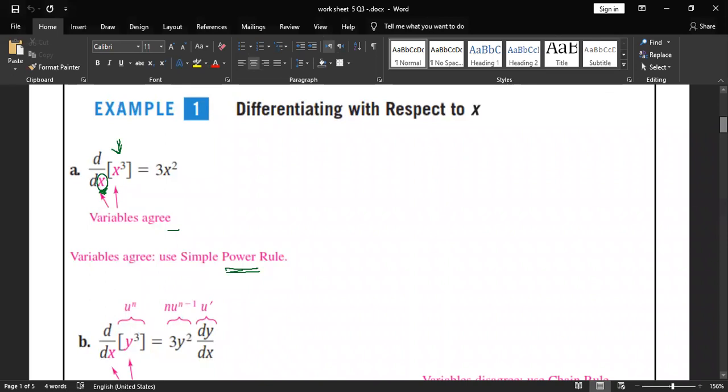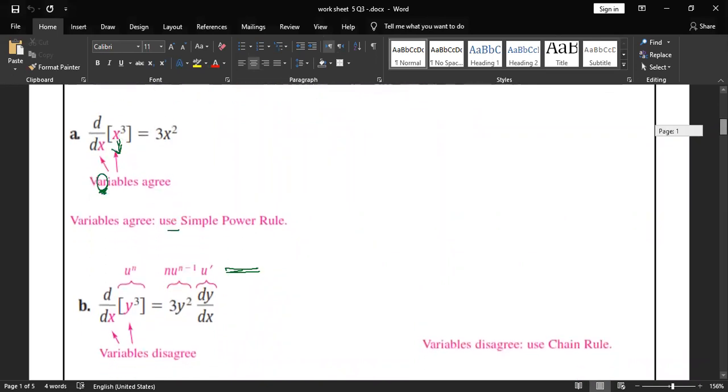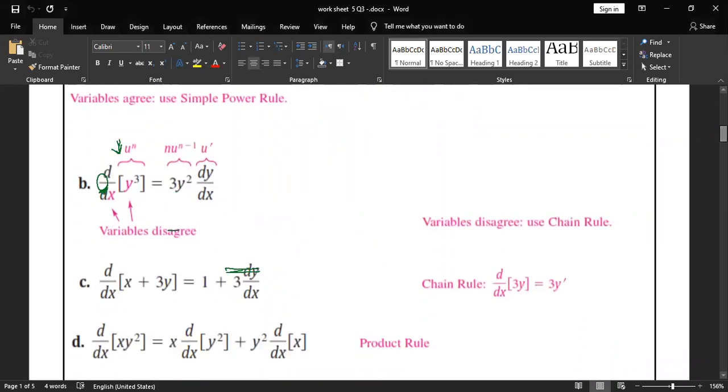But sometimes the variable of the function and the variable that we find the derivative with respect to disagree. As you see here, the variable of the function is y, and the variable we differentiate with respect to is x. They disagree.